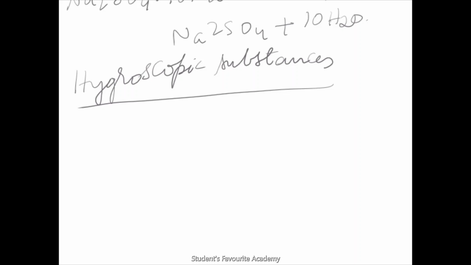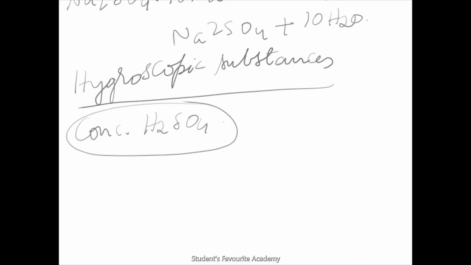Such substances are called hygroscopic substances and the phenomenon is called hygroscopy. So, example, conc. sulfuric acid. You have already learned this while studying the laboratory preparation of hydrogen chloride or hydrochloric acid. To dry the gas, we use conc. sulfuric acid as a drying agent. Why? Because of this hygroscopic property.